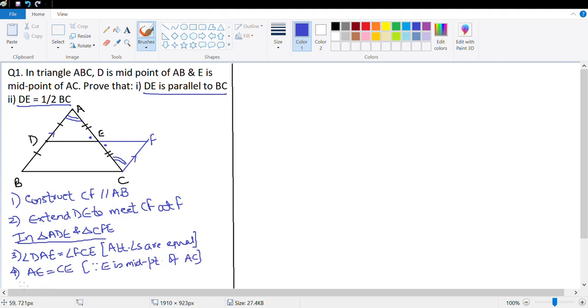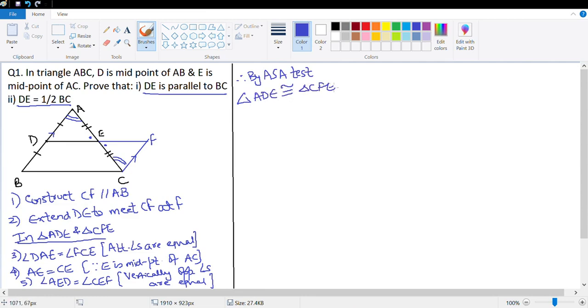And then the last part is angle AED is equal to angle CEF. Why? Vertically opposite angles are equal. So we've got these 3 points. Therefore, by ASA test, that's angle side angle test, triangle ADE is congruent to triangle CFE. So that's my number 6.